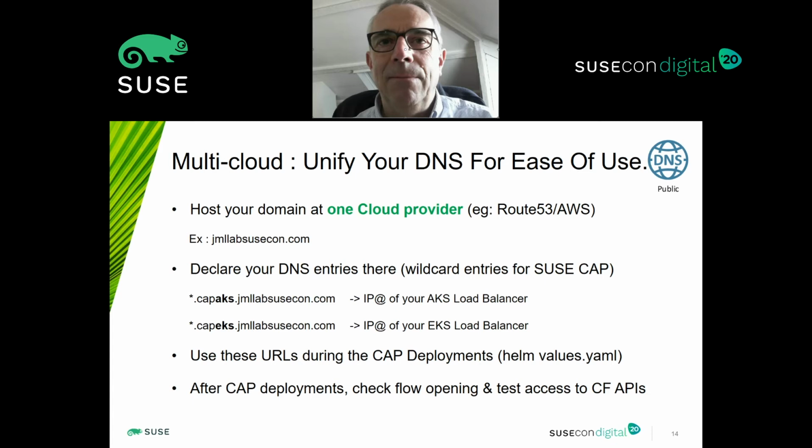Okay. You will use all these entries in the deployment of your CAP solution, in the configuration of the Helm chart deployment, to use the same URLs for connecting to any of your services independently of the CAP instance they run on. Okay, after, for sure, you have done this deployment, you can check the flows and test it through the CF APIs.